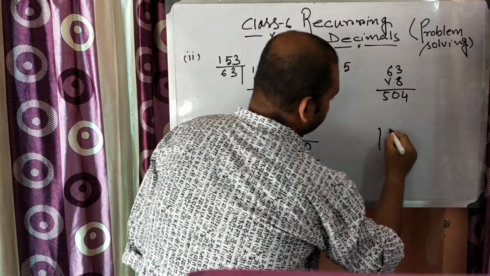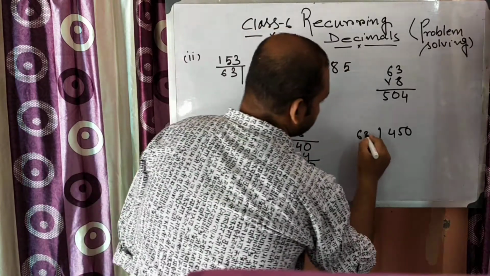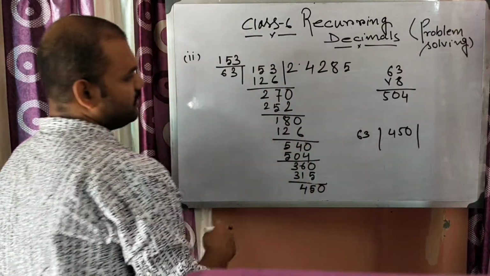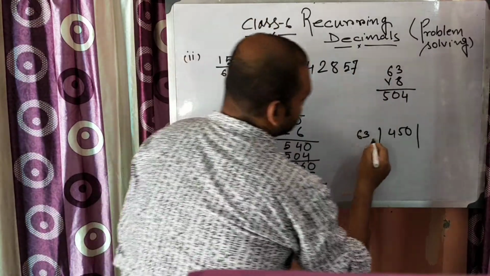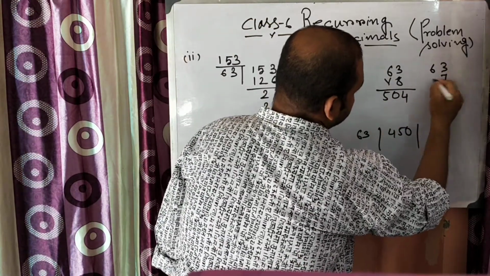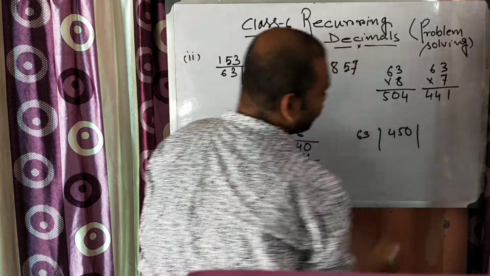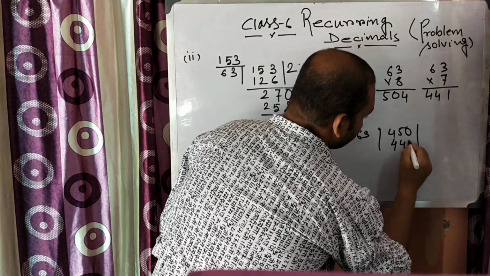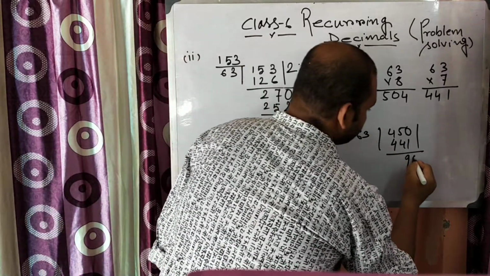Now 450. So 63 into 7 is 441. So 9. For the point bring 0 here.